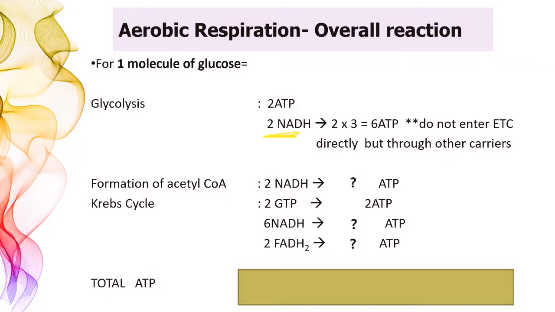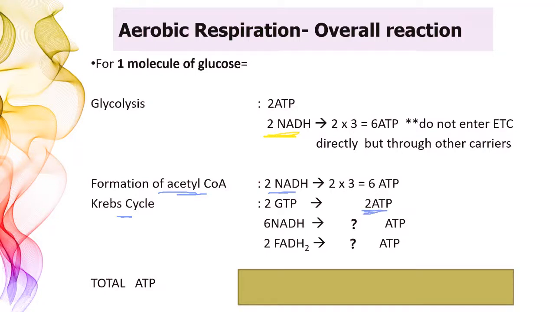Next, formation of acetyl-CoA, or the link reaction. In the link reaction, there will be 2 NADH, and this NADH will also need to enter the electron transport chain. Hence, you will get 6 ATP. Under Krebs cycle or citric acid cycle, there are 2 ATP that are directly produced from substrate level phosphorylation.